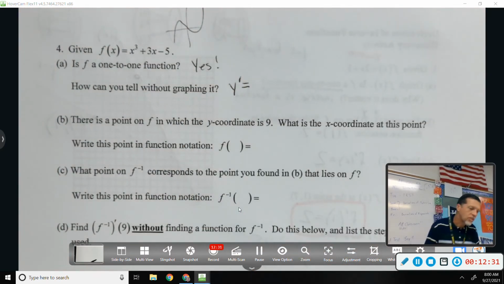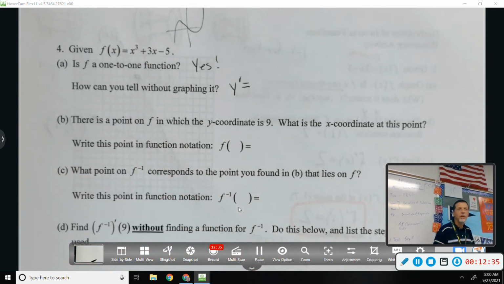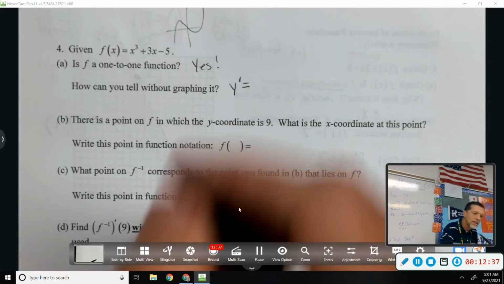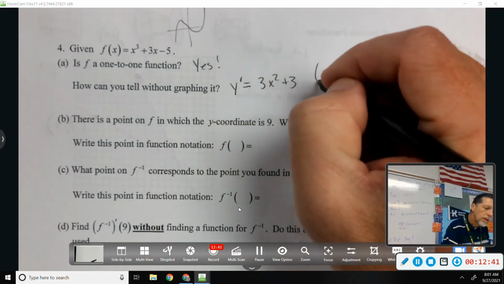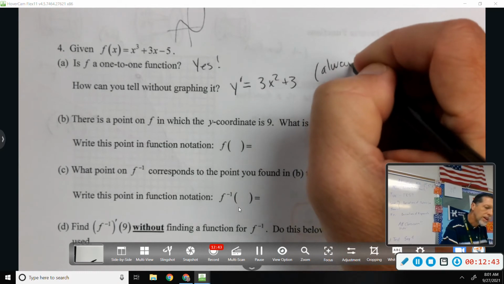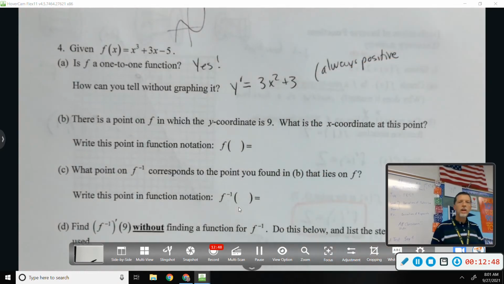What's the derivative of this function? I need that anyway in a minute. 3x squared plus 3. Good. 3x squared plus 3 is always positive, because if you square something and then add 3 to it, it's always going to be positive.